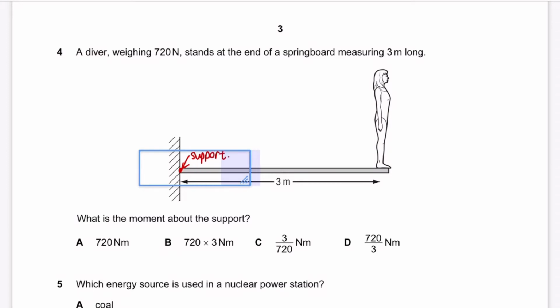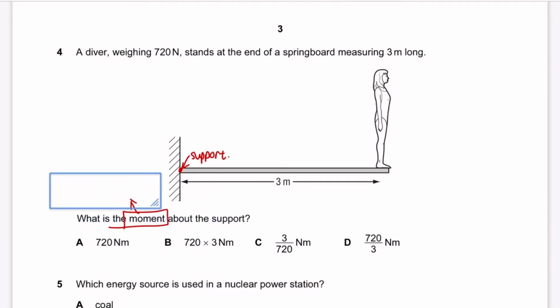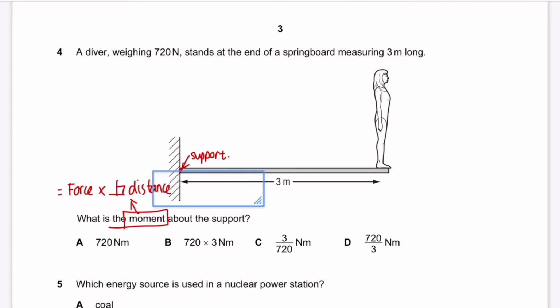Or else, how would the springboard still remain horizontal? Next, the question asks for the moment. We know that moment is equal to force times the perpendicular distance between the force and the pivot, or in this case the support.